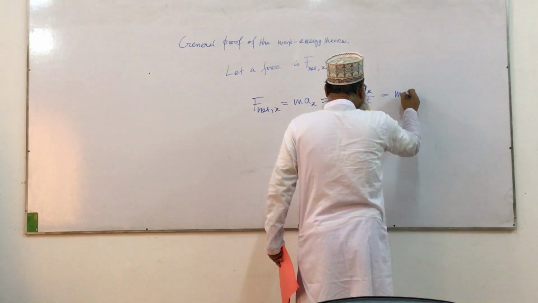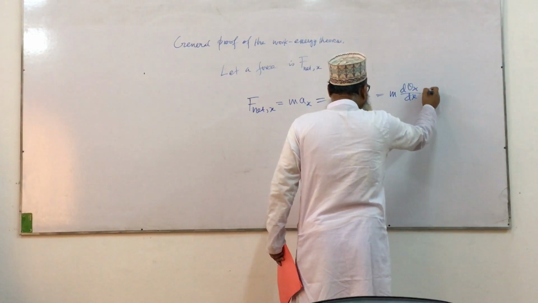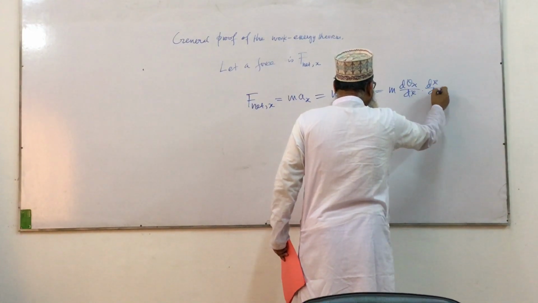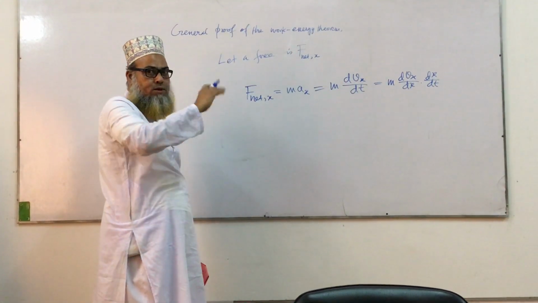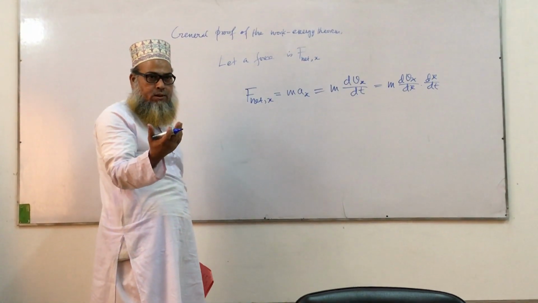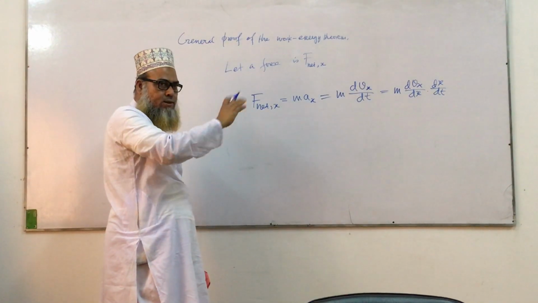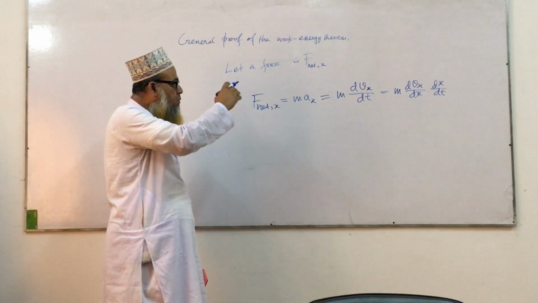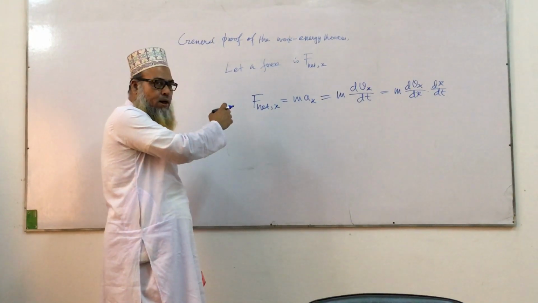Then you can write m dvx by dx times dx by dt. The dx cancels, and you have the same quantity, dvx by dt.